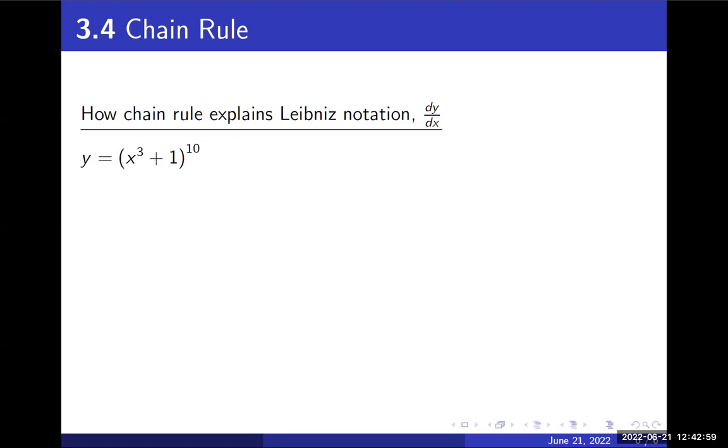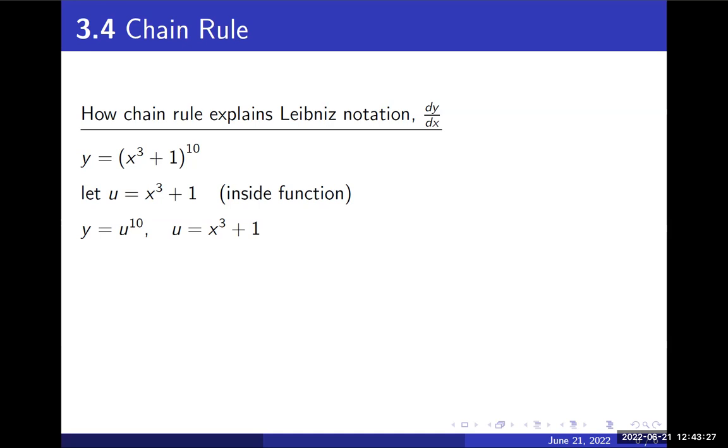So the way Leibniz thought about the chain rule here, he defined a new variable for the inside function. So let's call it u. Let's say u equals x to the third plus 1. We're kind of simplifying things. He would break it apart as two functions.